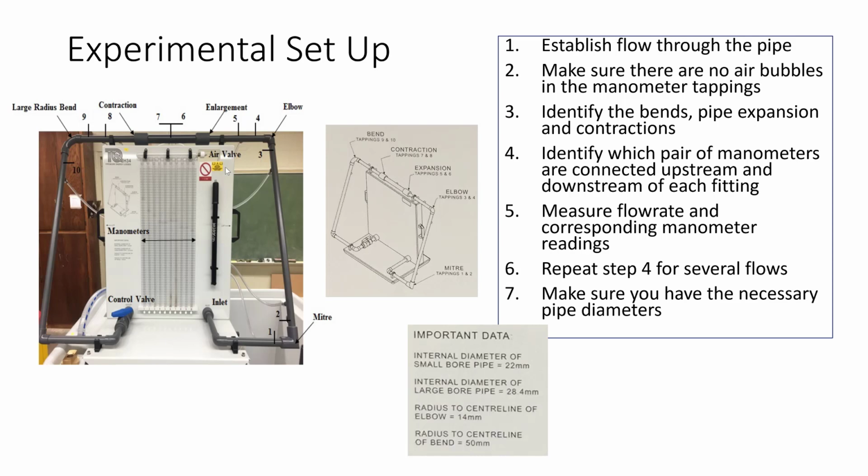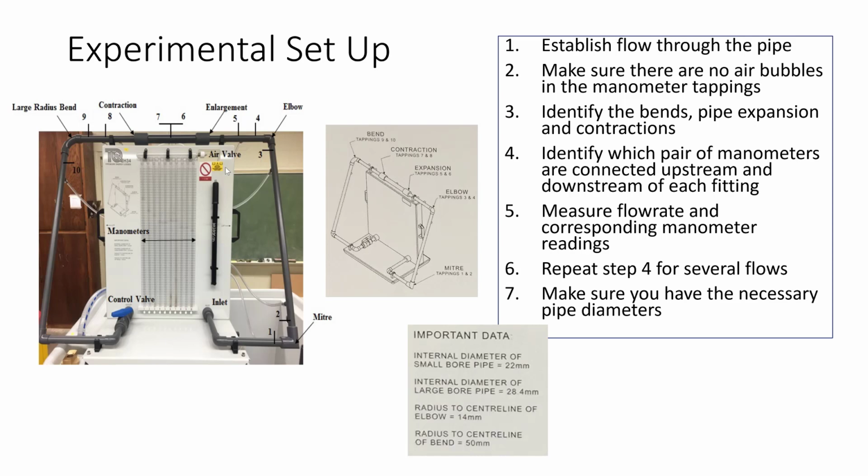The internal diameter of the larger pipe is 28.4, and then the radius of the center line is 14 millimeters for the elbow, and then 50 millimeters for the large radius bend. So this information, in conjunction with the manometer readings and the flow rates, will give you all the information that you need to make the calculations that are part of your lab report.